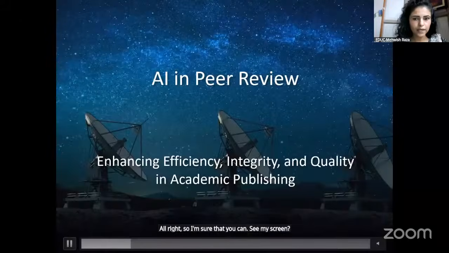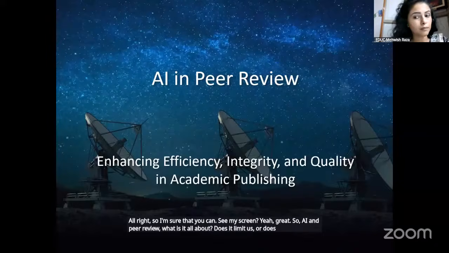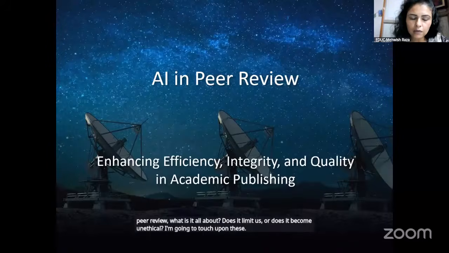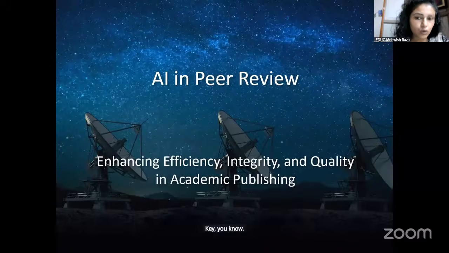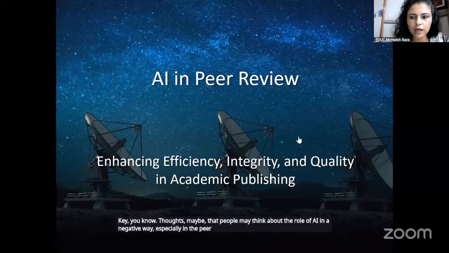Great. So AI in peer review, what is it all about? Does it limit us, or does it become unethical? I'm going to touch upon the key thoughts that people may have about the role of AI in a negative way, especially in peer reviewing.